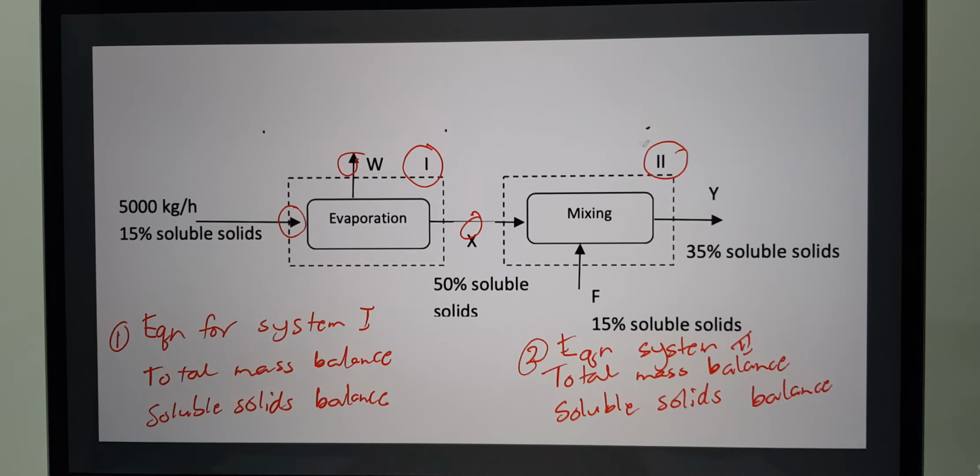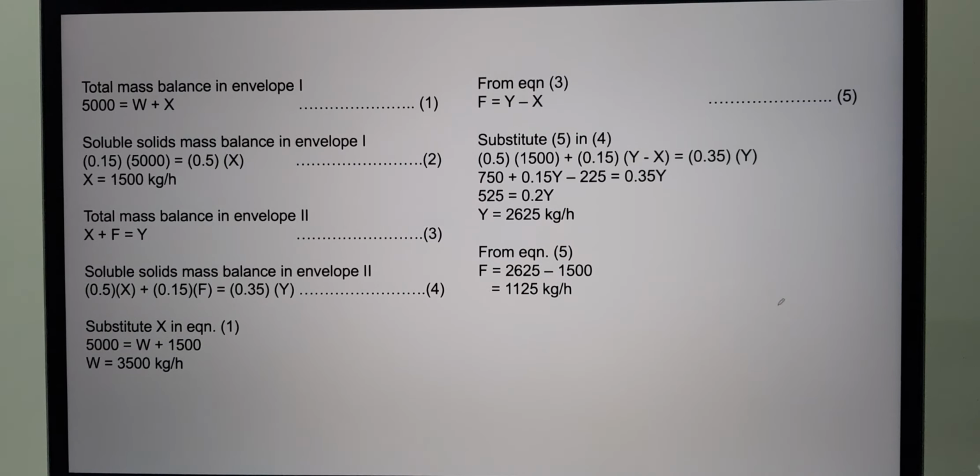And then for system number 2, how many inlets? We have X as an inlet, F as an inlet, and Y as the outlet. So you need to separate system number 1 and system number 2. Alright? So how do we solve that?